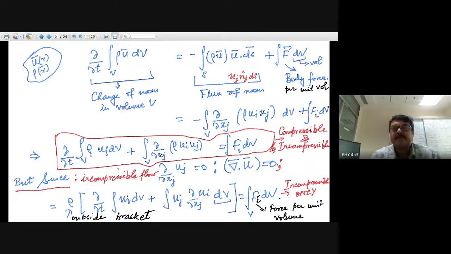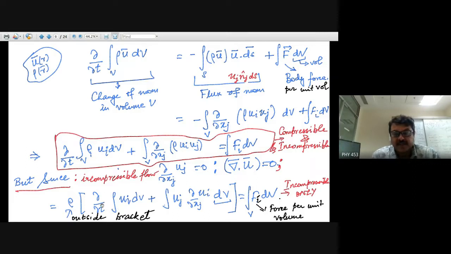And then this equation can be simplified, and as I will show you in the next slide, in which case you can take the rho outside del del t, because density is not changing as a function of time in the flow.